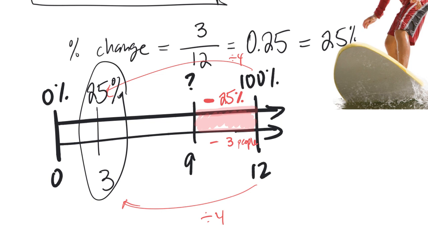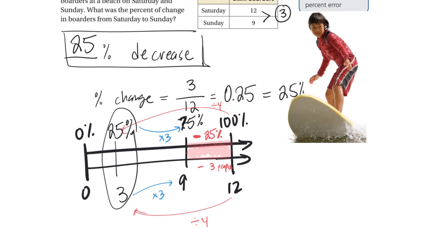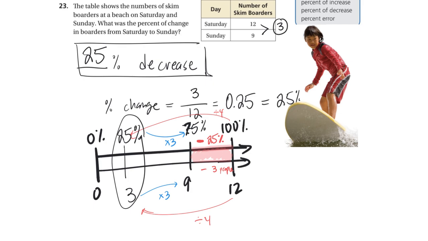Okay? If you didn't notice that, we would times by 3 and times by 3, and get that this amount is 75%. And then sure enough, from 100% to 75%, what percent decrease is that? That's a 25% decrease. All right. So that's how to do it with the diagram.